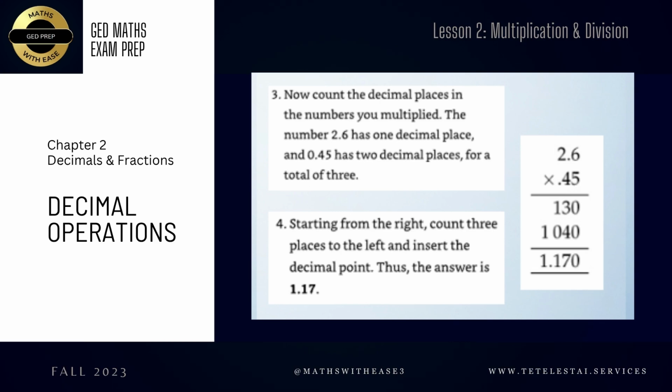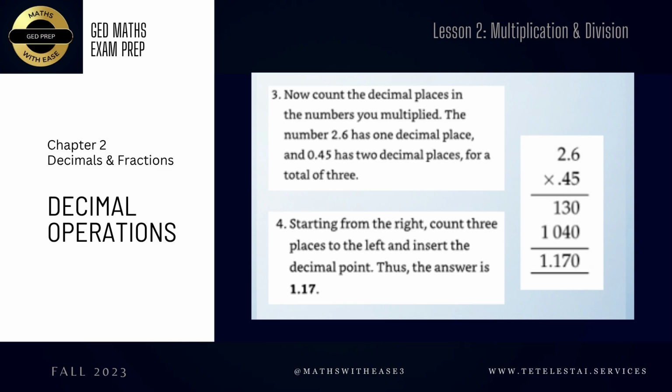So when you have your answer, 26 times 45 is 1170. Well, how did we get to that answer, for example? First, let's go over that first.